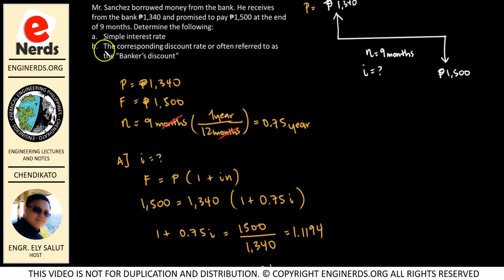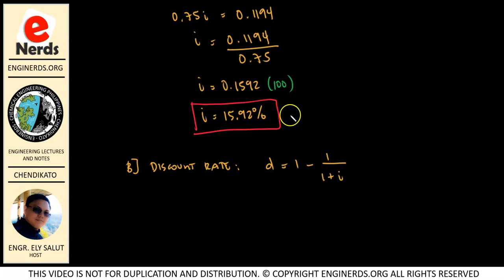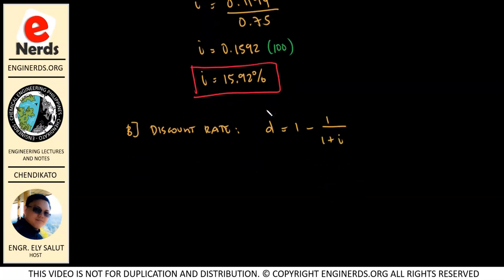Now for B, we need to get the corresponding discount rate, often referred to as the banker's discount. As per our lecture, our discount rate equation is D equals 1 minus 1 over 1 plus I. You just have to take note of this equation.